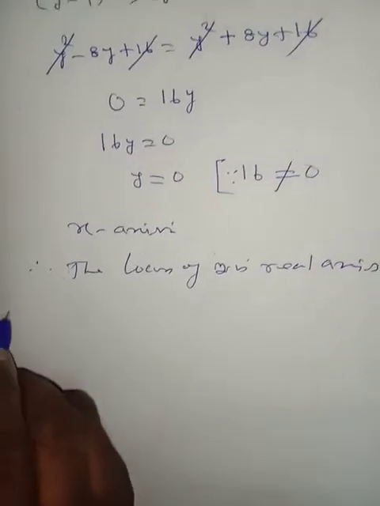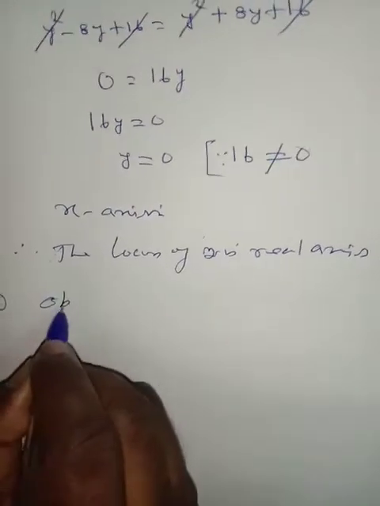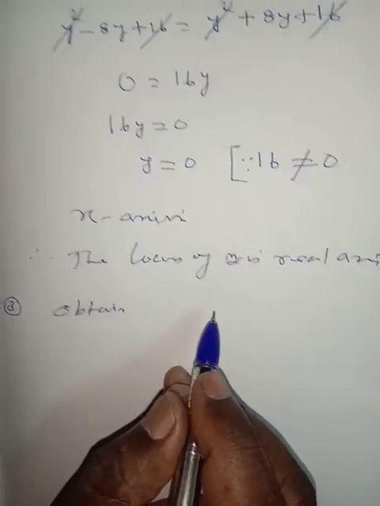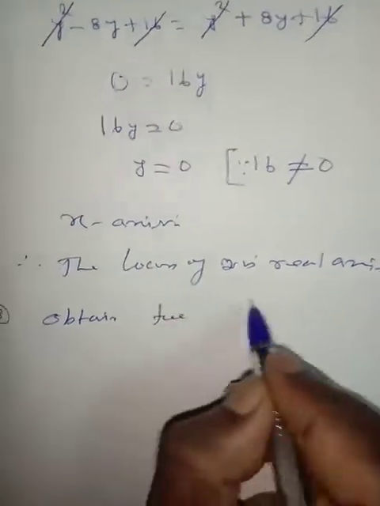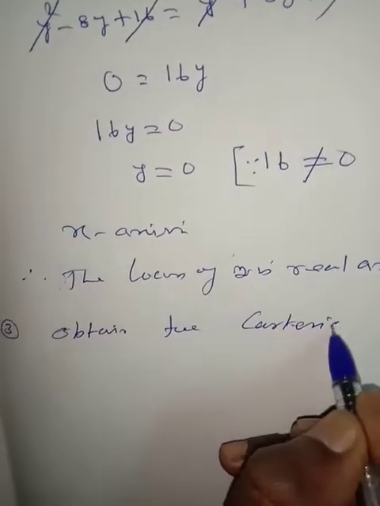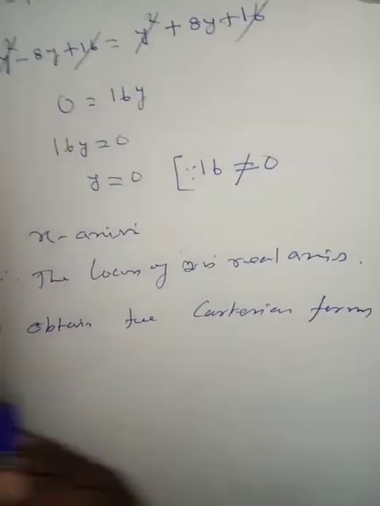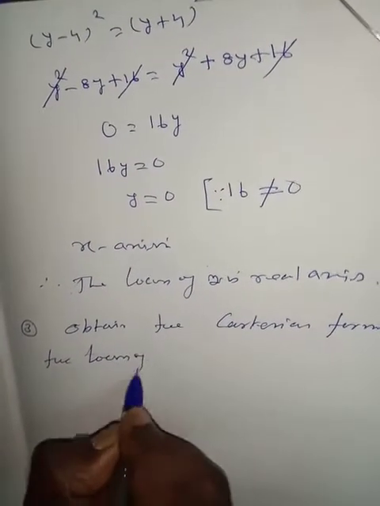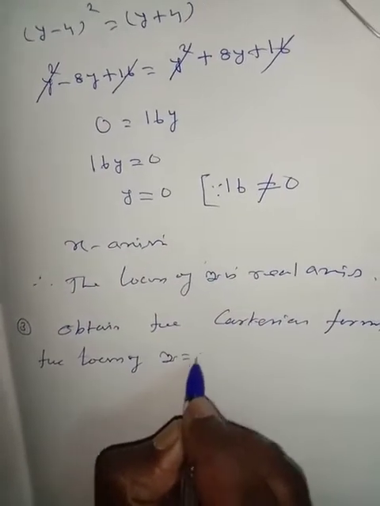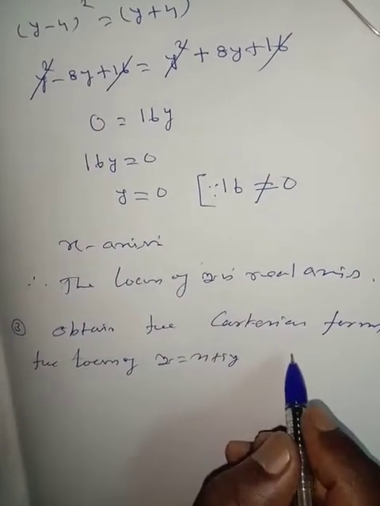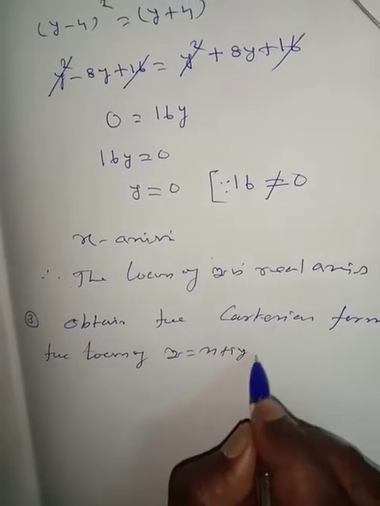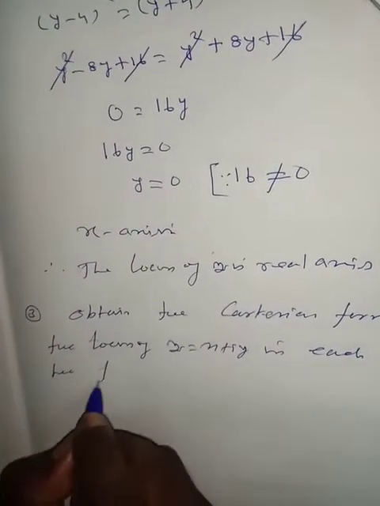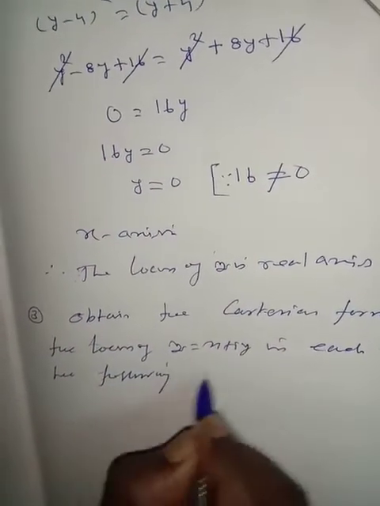Next, sum number 3. Obtain the Cartesian form of the locus of z = x + iy in each of the following cases.